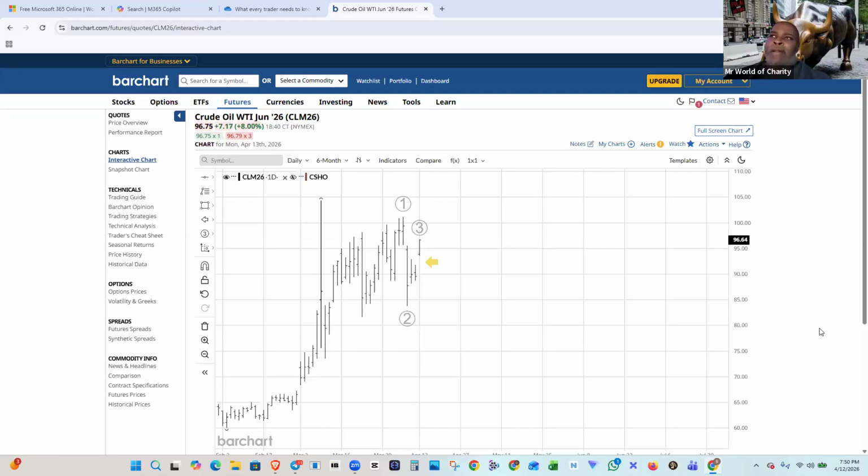And that gap indicates that prices did not trade right in that particular area. It closed at one price and then opened back up at another price, leaving the gap on the chart. And Johnny pointed out that charts don't like gaps. They don't. In most cases, the market will come back to close and fill the gap. Not all cases, but in most cases, you will see the market come back to fill and close that gap.